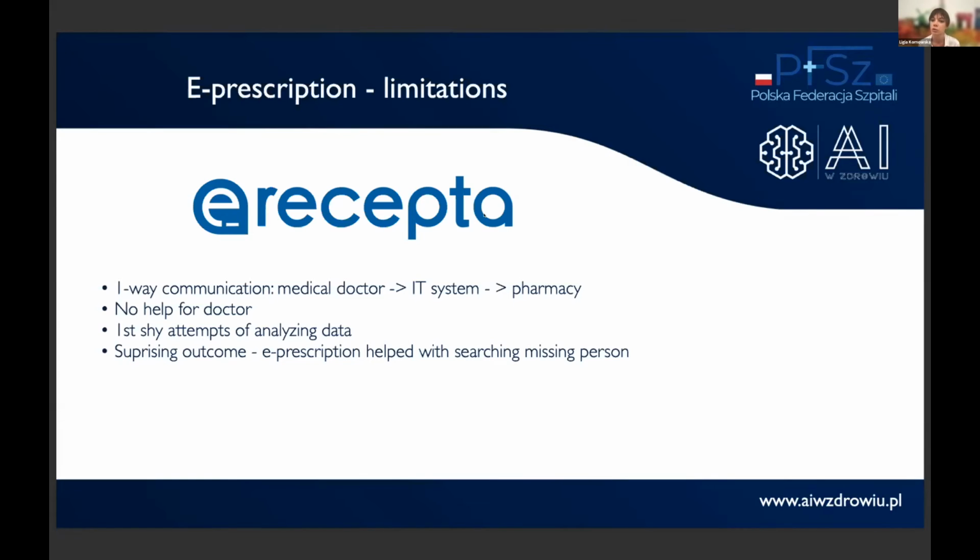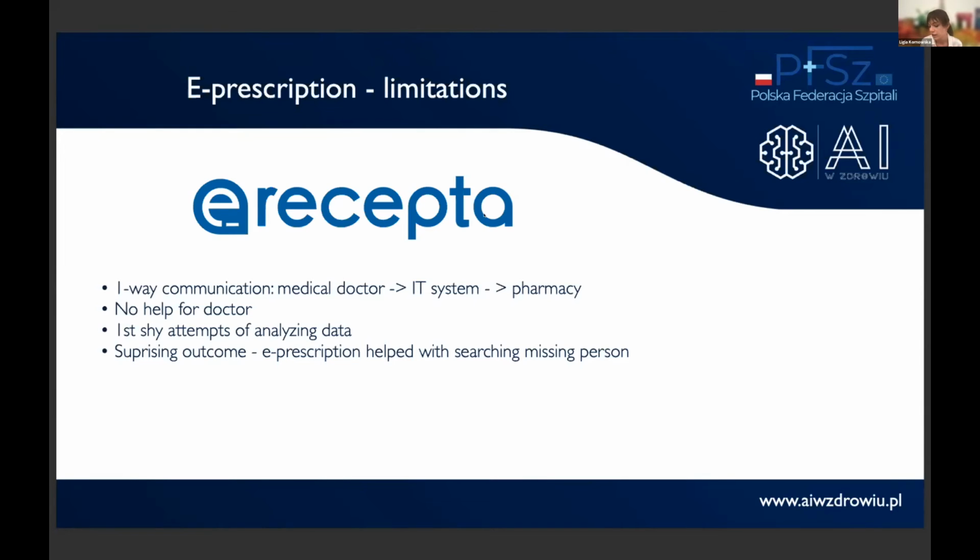So there is no two-way communication. The doctor, during prescription of some drugs, doesn't have any tips or clues about, for example, what kind of drugs this patient is taking or took earlier.